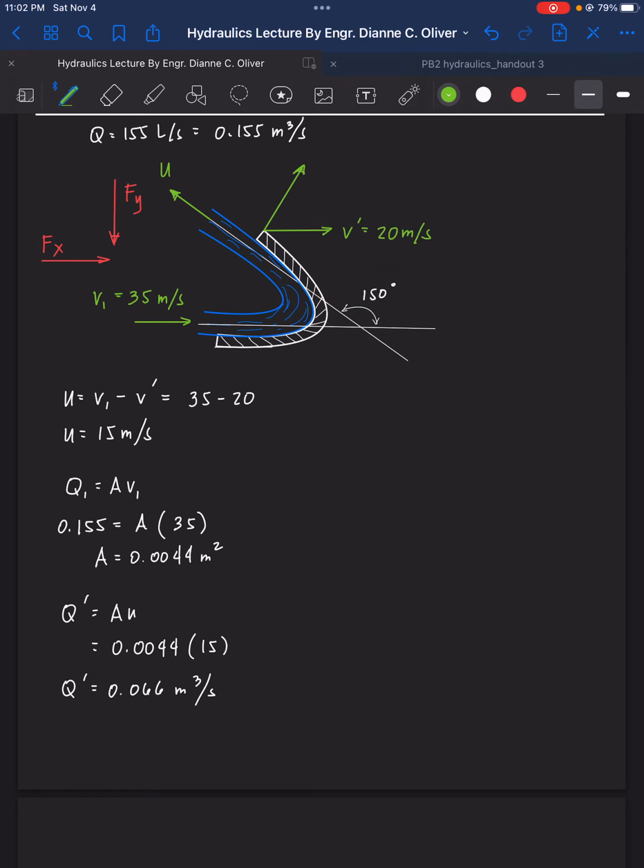So we can again test V2. So having the U here in 30 degrees, we have our V2 here. We have our V1. So what will happen?